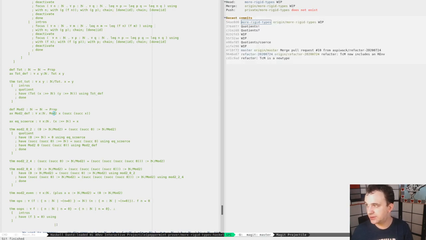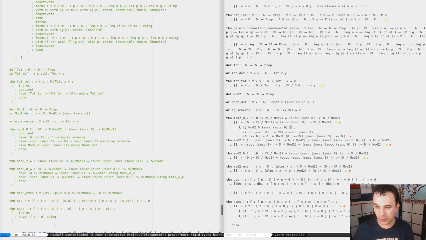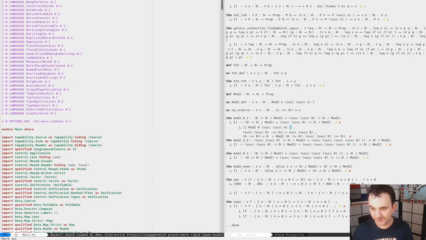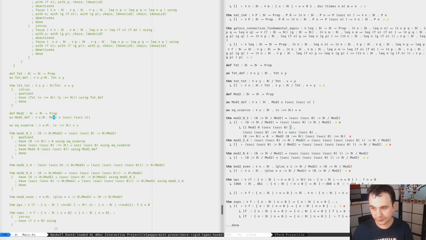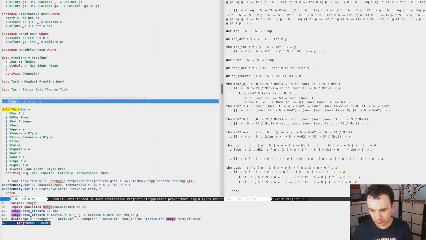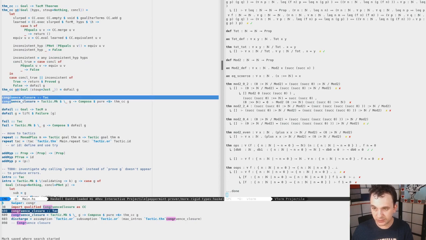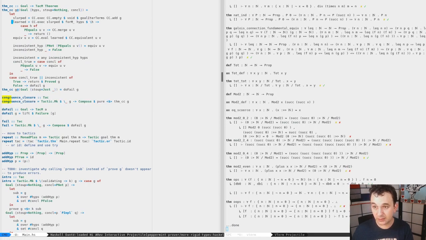It's soon going to be time for me to go and sleep. The congruence closure tactics here. Yeah, so here whenever it sees a p equals, it does merge u v.